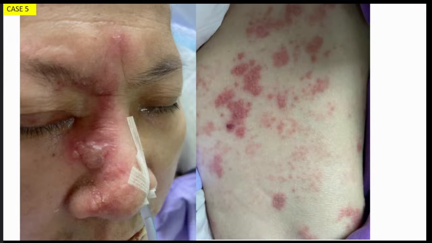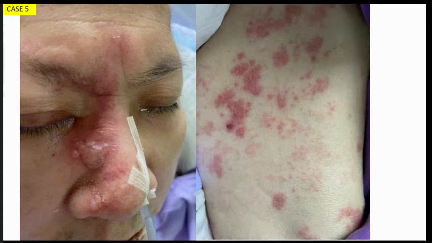So what would be your provisional diagnosis? My provisional diagnosis would be disseminated herpes simplex infection. Disseminated herpes simplex or herpes zoster? Because there is involvement at the back, a differential of disseminated herpes zoster as well.